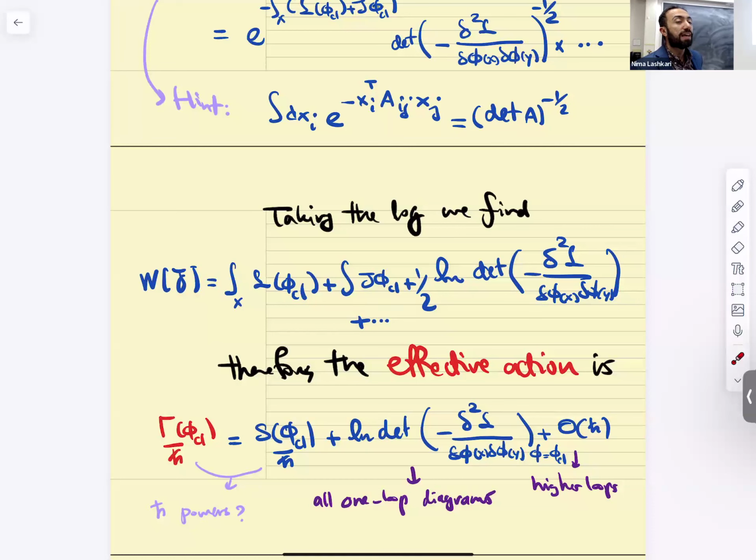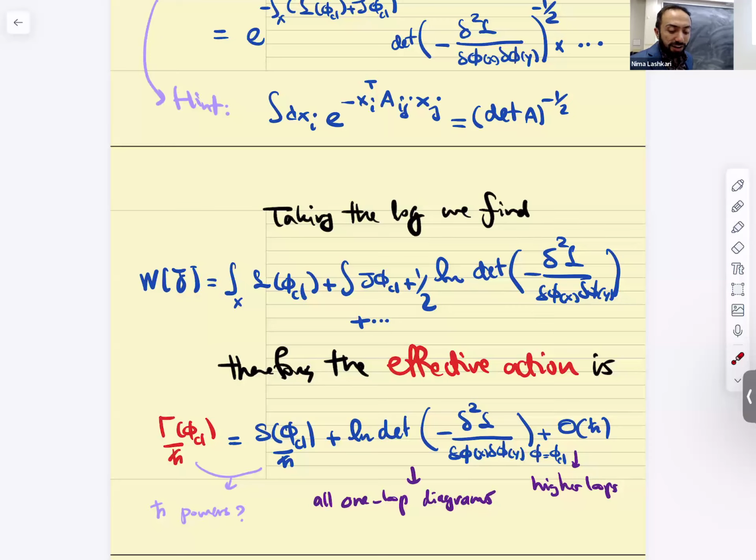Now, allow me to put H bar back in the game. H bar, recall, is in a sense the loop expansion, right? So coupling is also representing the same sort of expansion. If I want to put the H bar back in, effective action is similar to action. They both have 1 over H bar. This is the correction that is the next order, order H bar to the power of 0.